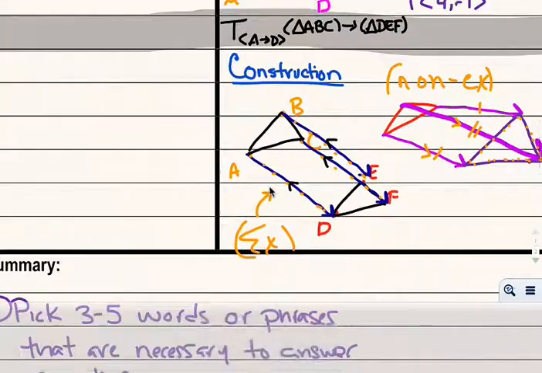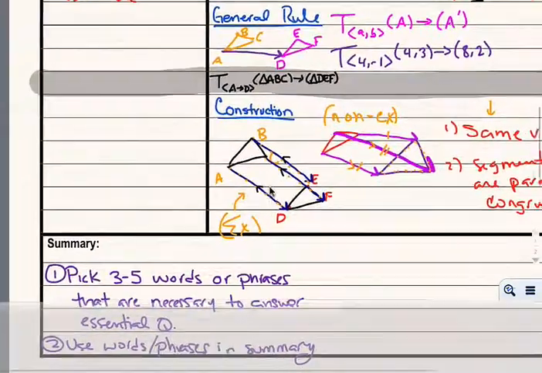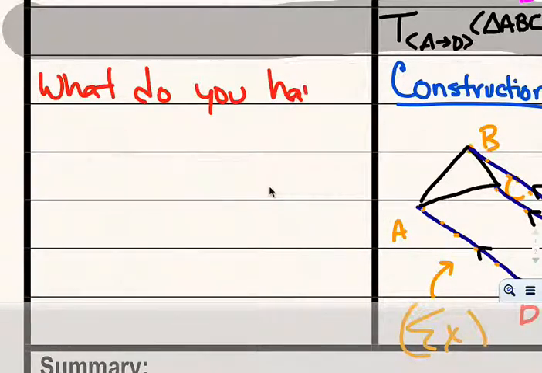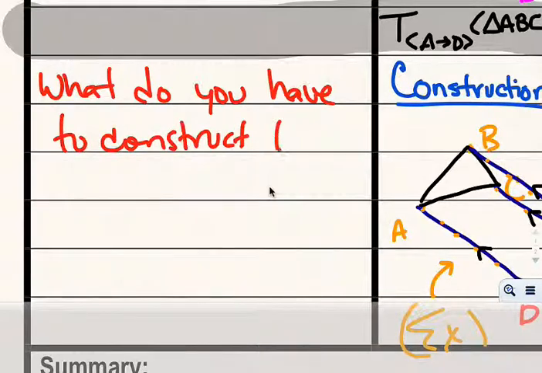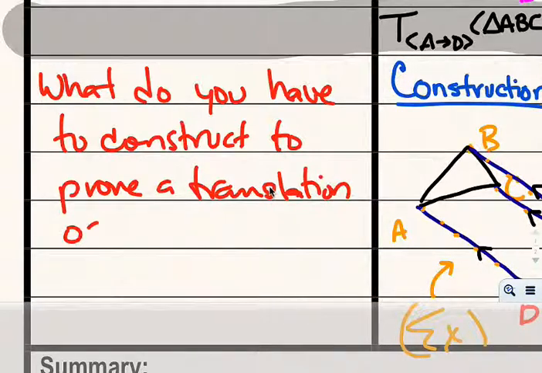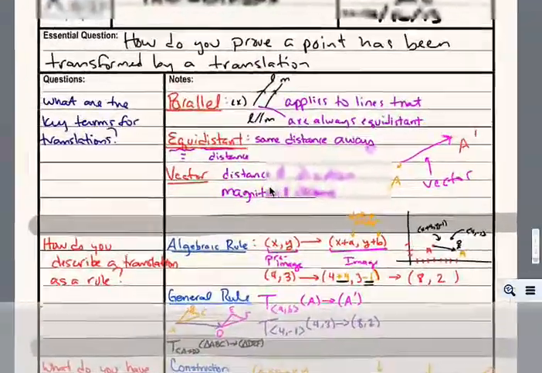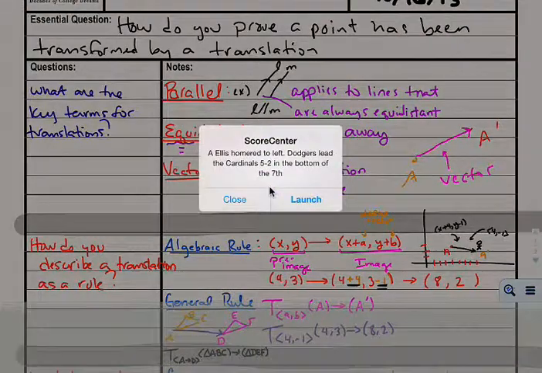And then down here is actually the general construction. So what do you have to construct to prove a translation?